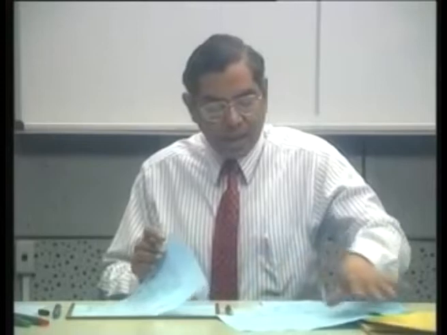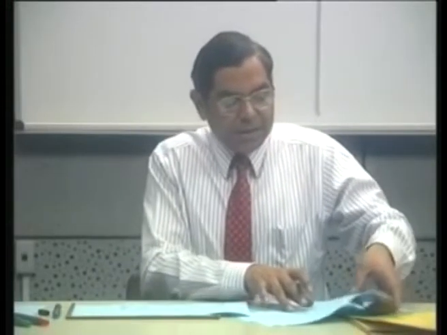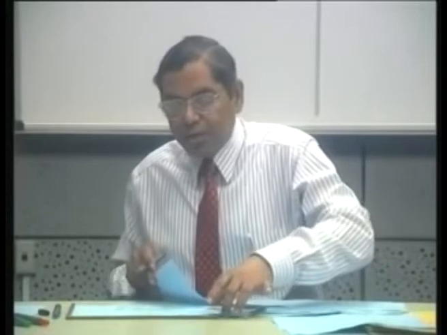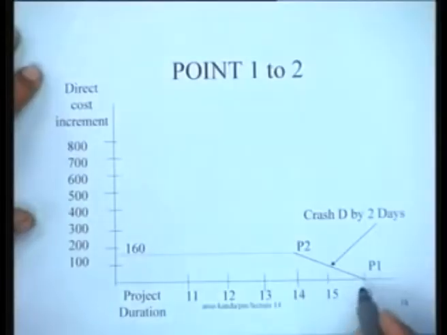What has happened is that at this particular stage, we have identified what we can do. We have said that the normal project duration is 16, which is the point P1, which is where we were.